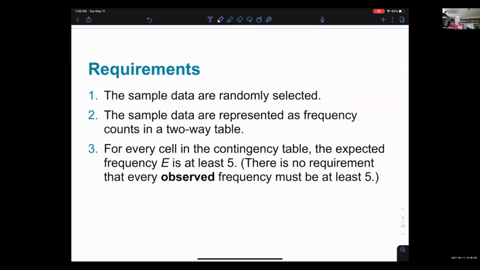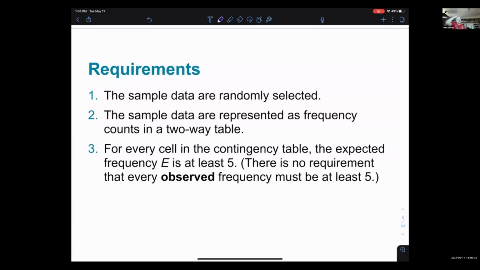And it says for every cell in the contingency table, the expected frequency is at least 5. So we've had this kind of requirement before. The basic idea is that if you're trying to test a theory that leads to expected values, you need to have enough observations in your sample so that every single thing you are looking to see if the expectations were met is accounted for well enough so that we can test it.